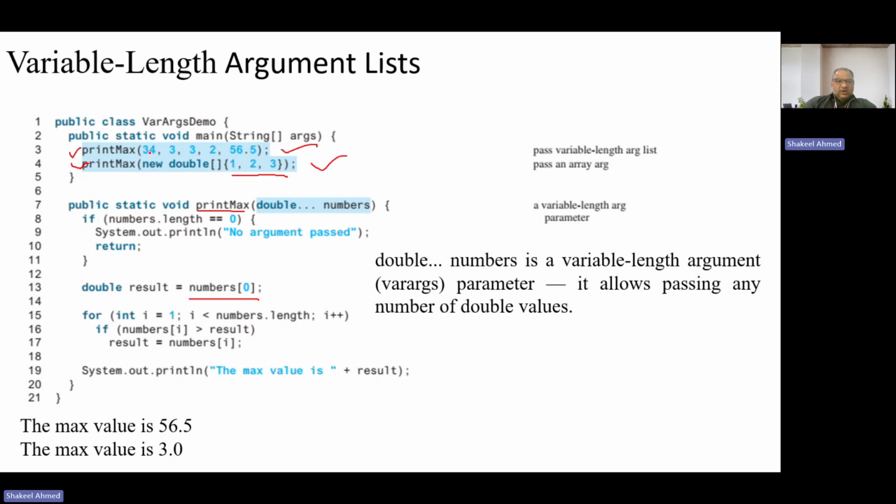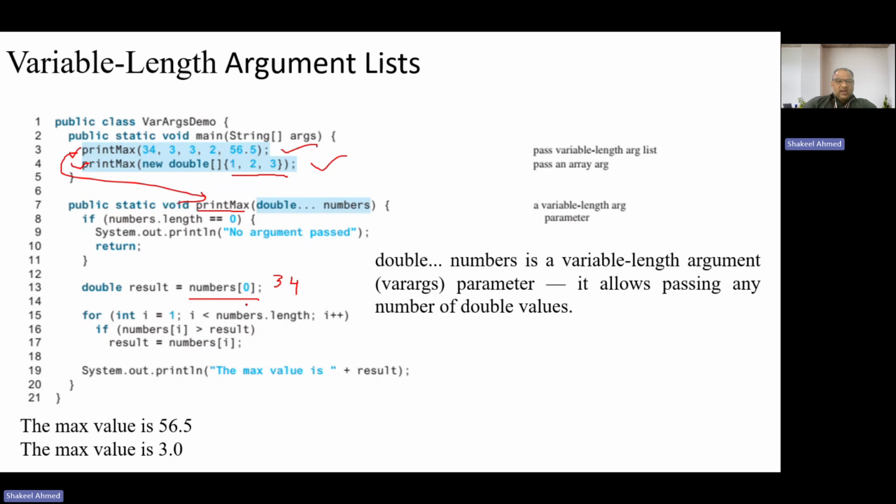From the arrays that we have here, let's go to the first one. You can see here printMax(34, 3, 3, 2, 56.5). Directly what we are doing here is calling the method, public static void printMax, and we are giving the values 34, 3 and so on. Now if the length is 0, no. We take result as a variable and then we take the first value, which is 34. So the number is 34 first.